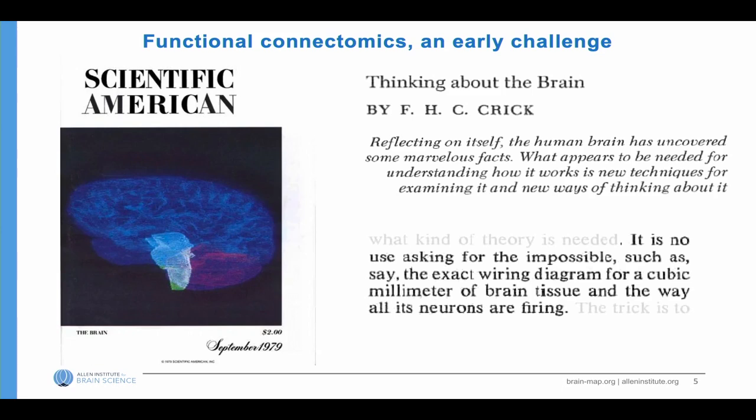And he talked about all sorts of great techniques, but it said some things are impossible. So let's think of techniques that are almost as good as the impossible. And in this paragraph, he said, well, maybe we can trace circuits with rabies, because it would be impossible. It's no use asking for the impossible, such as, say, the exact wiring diagram for a cubic millimeter of brain tissue and the way all of its neurons are firing.